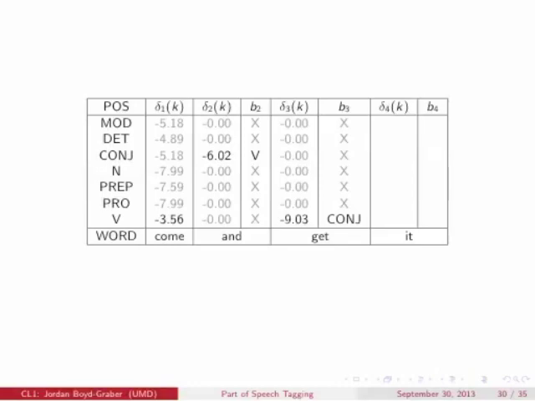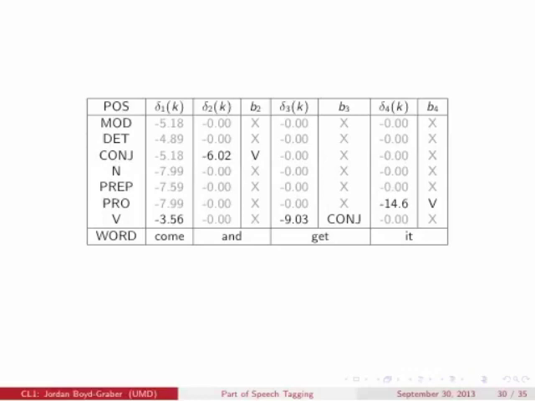At the next time step, time equals 3, the best part of speech tag to explain this sequence is the verb, with the breadcrumb pointing back to the previous conjunction. And at the final time step, time equals 4, the best previous breadcrumb is the verb. And so when we want to figure out the best part of speech tag sequence for the entire sentence, we look at the very last time step, find the element in that column with the highest probability, and then follow the breadcrumbs back.